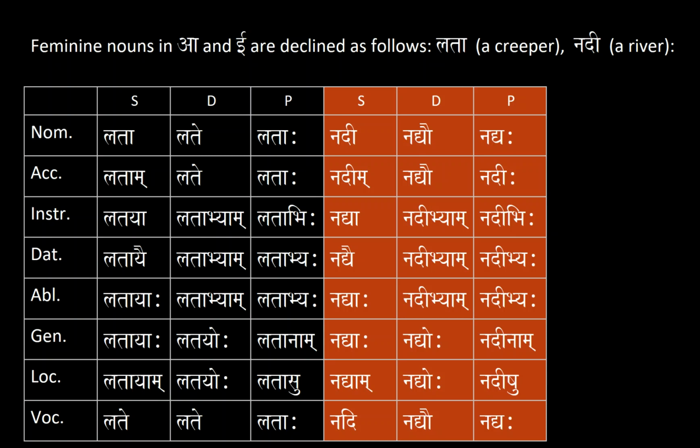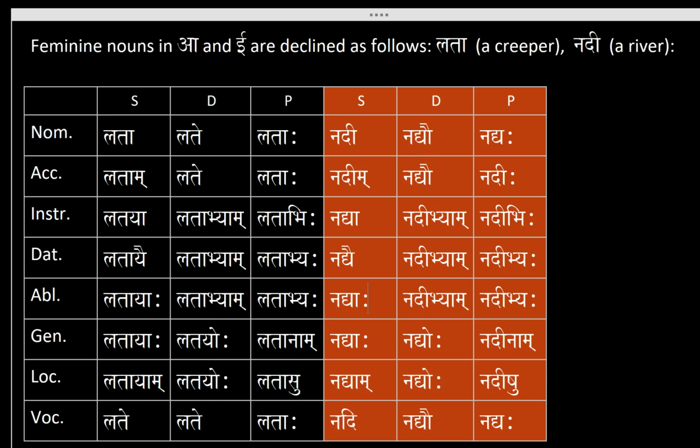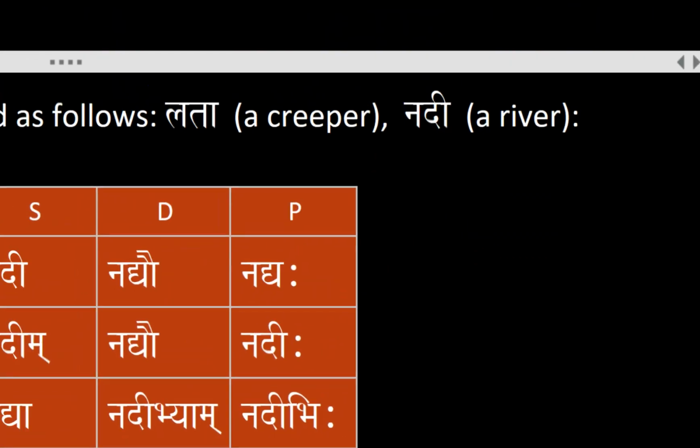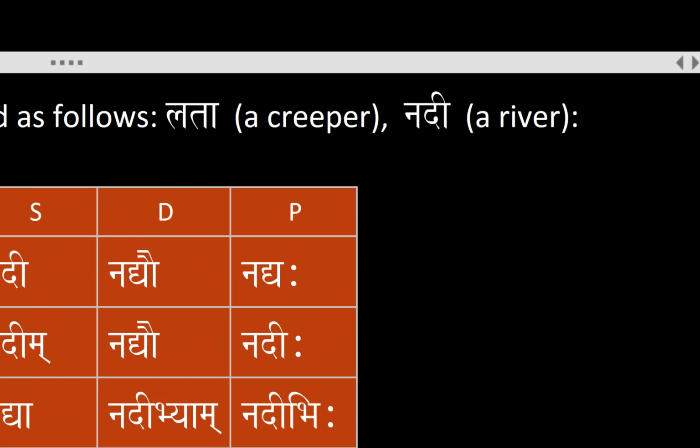The two examples that we are going to be using are lata, which means a creeper, and nadi, which means a river.